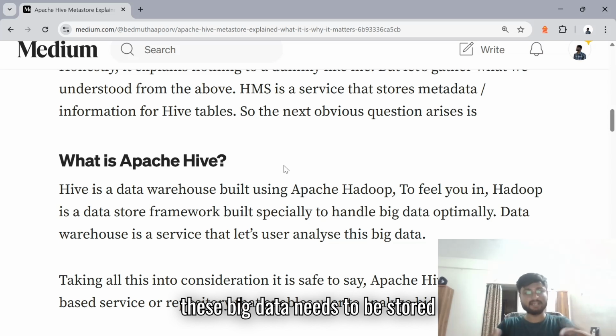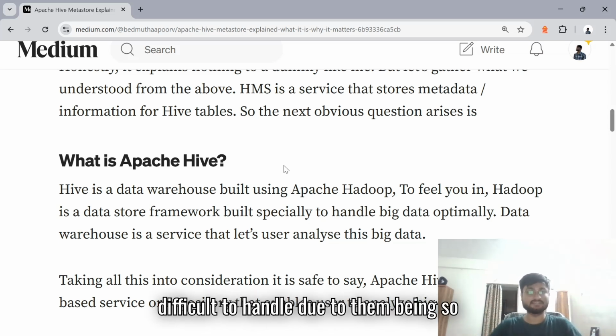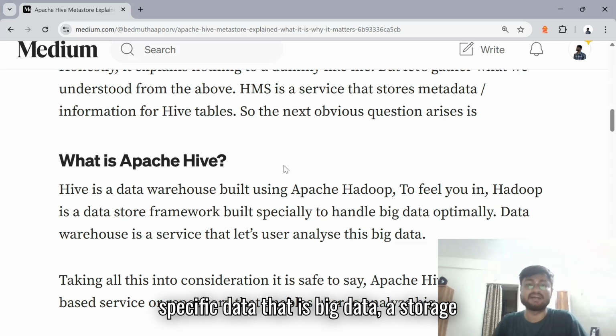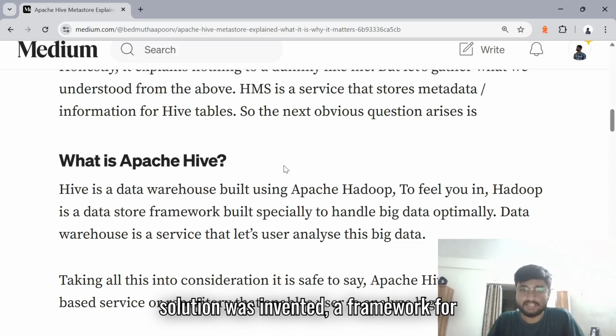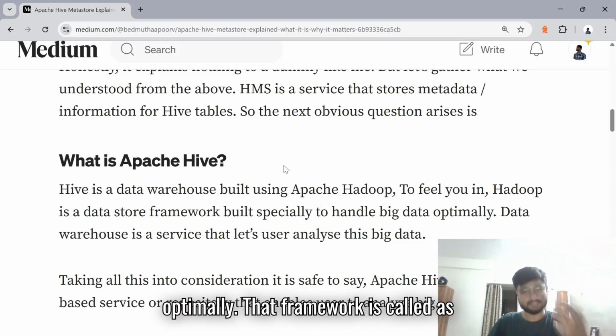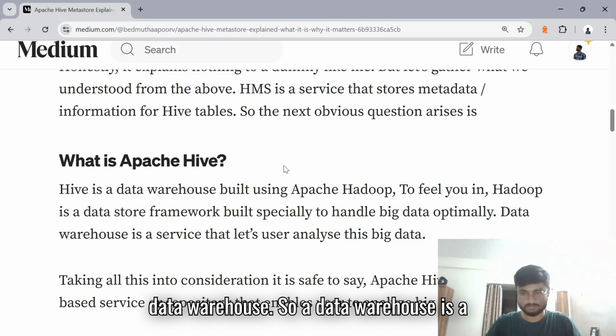Now this big data needs to be stored optimally, and it is especially difficult to handle due to it being so big. So to handle this specific type of data, a storage solution was invented, a framework specially built to handle big data optimally. That framework is called a data warehouse.